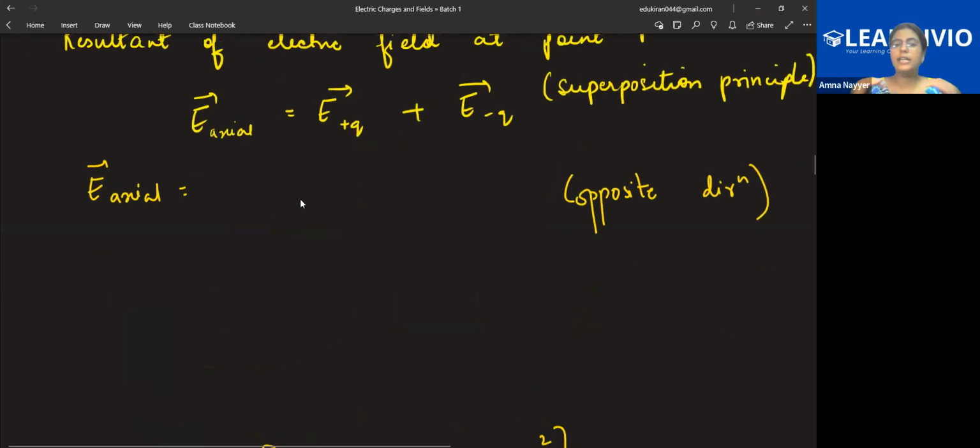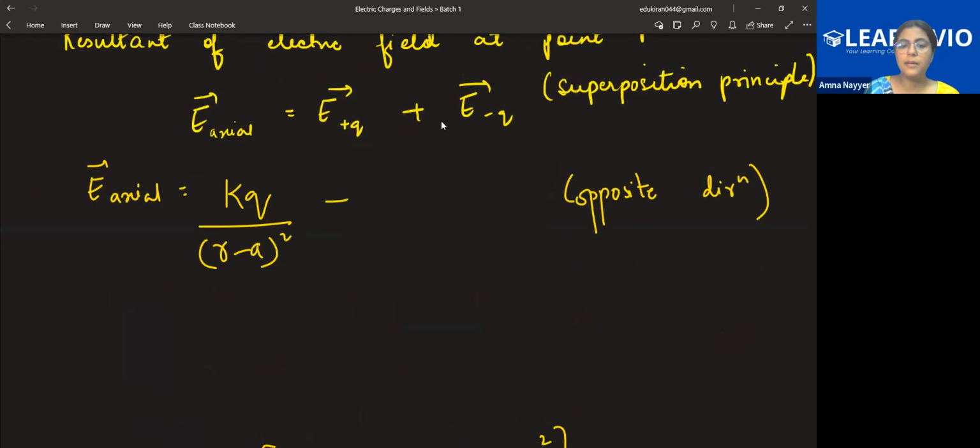So ultimately the resultant that we are getting for the final axial line: E plus Q is KQ by R minus A whole square, minus. Why minus? Because both are in opposite directions. So when you are applying the superposition principle, they are in opposite directions, so we have to subtract them, right? And this is KQ by R plus A whole square.